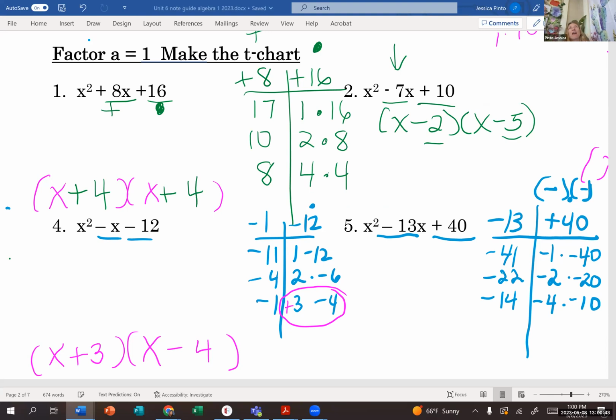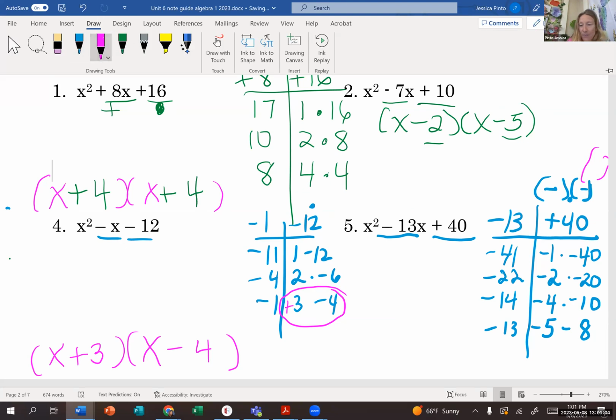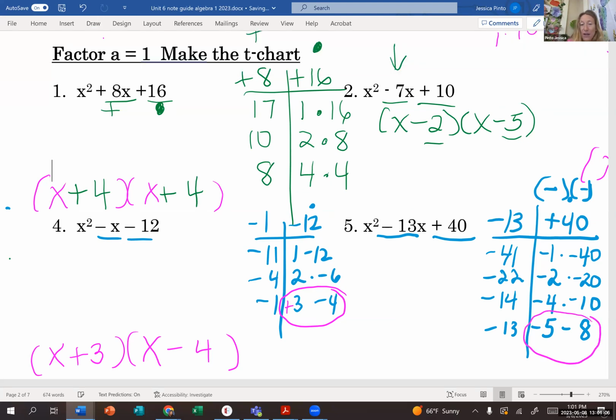But it needs to be 13, not 14. So 1, 2, 3, 4, 5. Yep, 40 is divisible by 5. It ends with a 0 or a 5. It's 5 times 8. So let's see, 8, 9, 10, 11, 12, 13. I found the numbers. So how do I use them? Well, I write them in these binomials with parentheses.